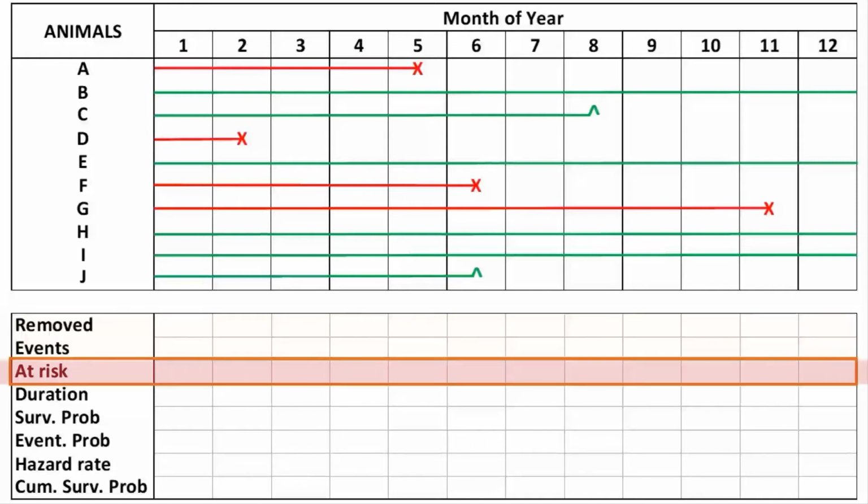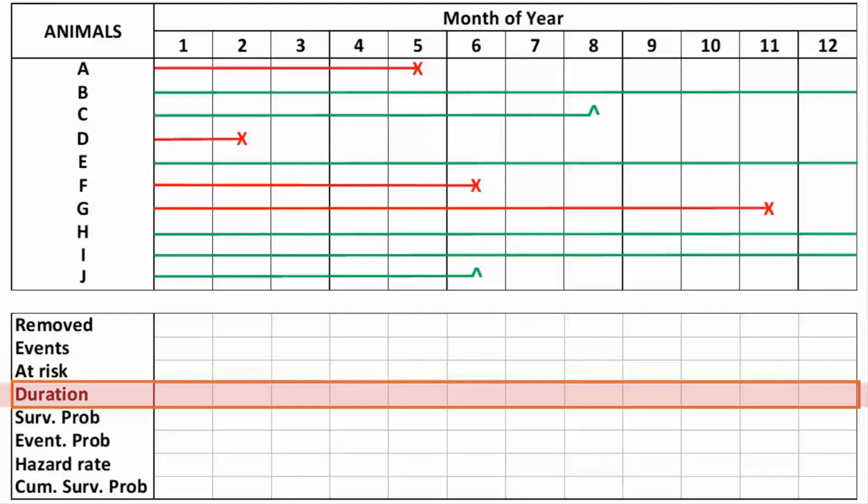In the row at risk is shown the number of animals at risk during a particular month, and animals which have died in the previous month or were withdrawn at the end of the previous month are to be subtracted. In the duration row, it's represented the length of the respective follow-up interval, and in our case it's 1 month.